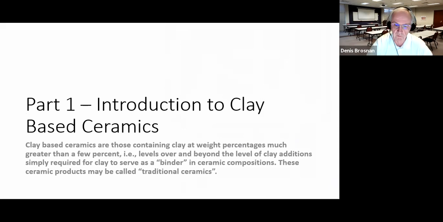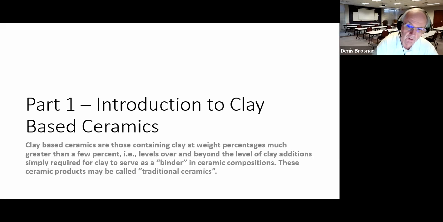Okay, well, let's talk about clay ceramics. And clay ceramics are generally those that contain clay as a major constituent, weight percentages greater than a few percent. Clay materials are used as binders in a lot of different types of products, and those levels can be perhaps 1 or 2 or 3%.